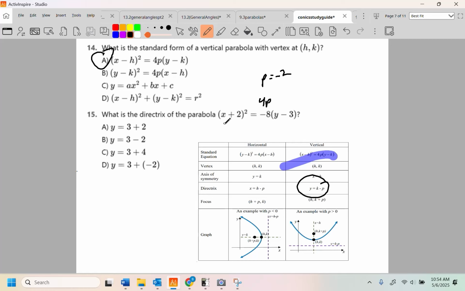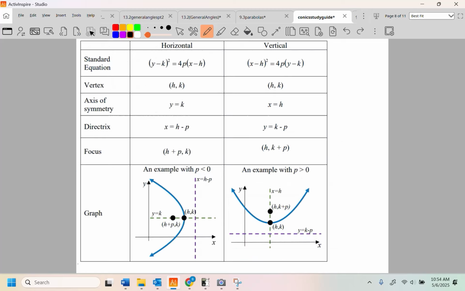Your vertex is at negative 2, 3, which gives you h and k. So the directrix must be k minus p. K is 3 and p was negative 2, so it's at y equals 5.